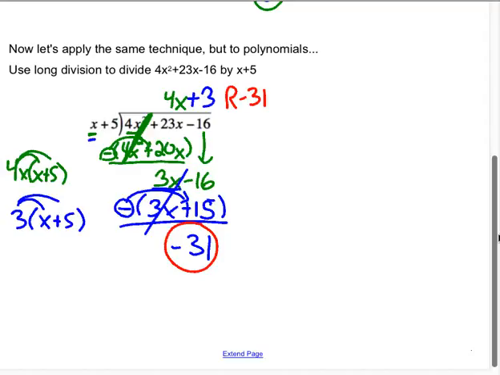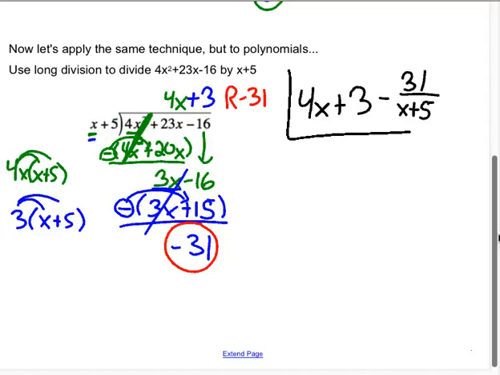That's really not that meaningful to me. So what I really want you to do is write it as that divided by whatever you were originally dividing by. I want you to use that as a fraction. Okay, so that is going to represent the polynomial, the solution when we divide those two things.